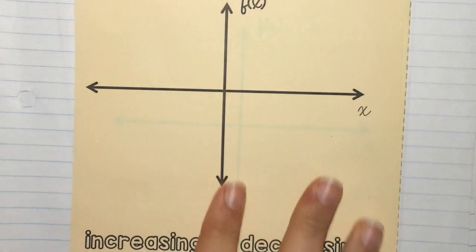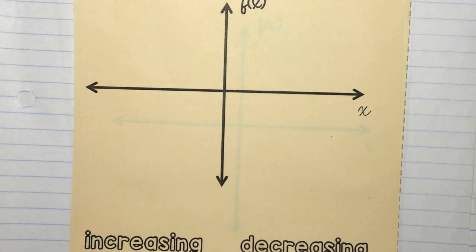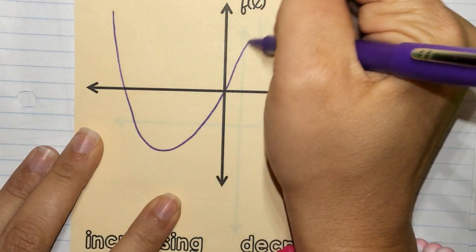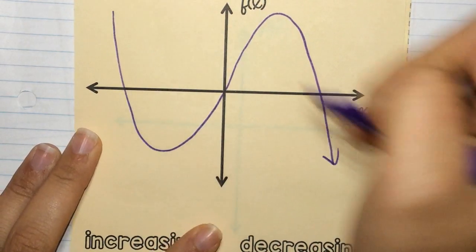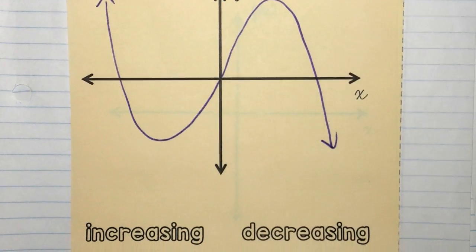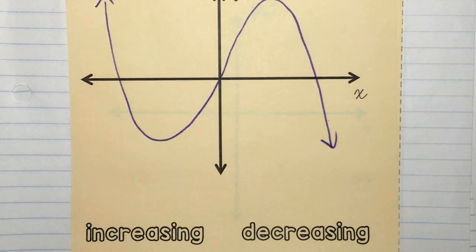Increasing and decreasing. So, we're going to draw the same graph that we just drew, our little squiggly line. Now, we're going to talk about how we read the graph when we're doing increasing and decreasing.